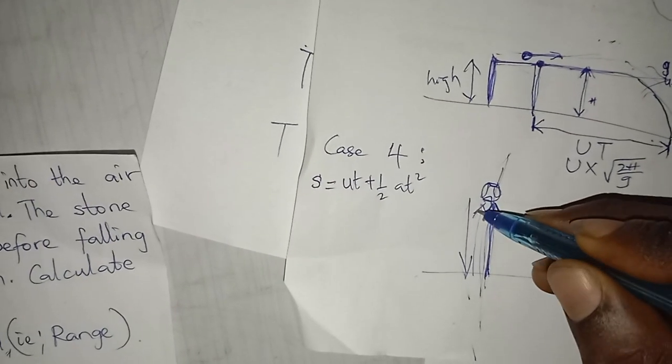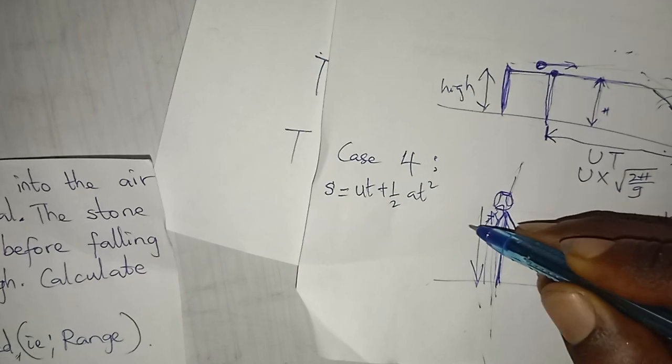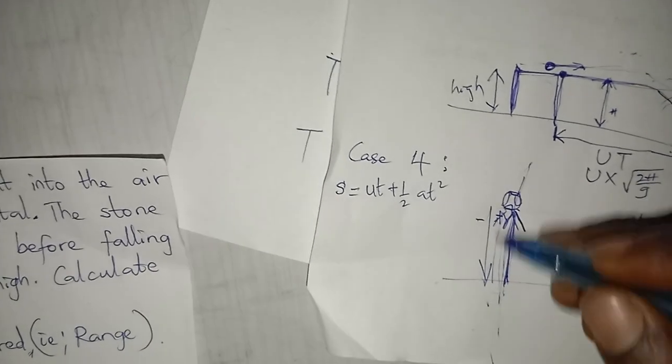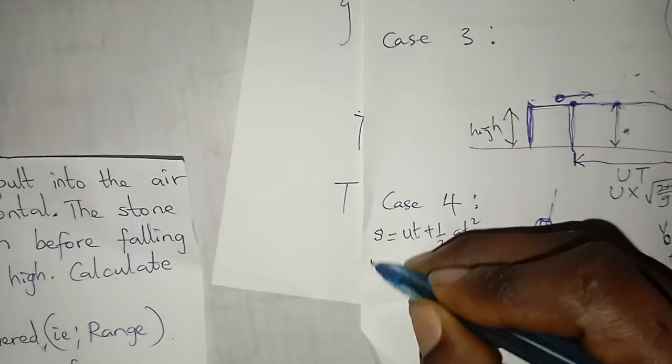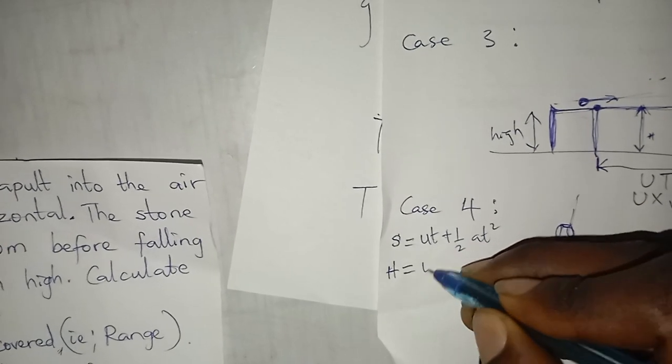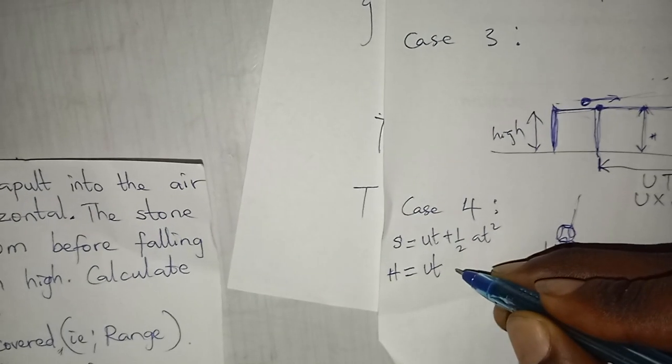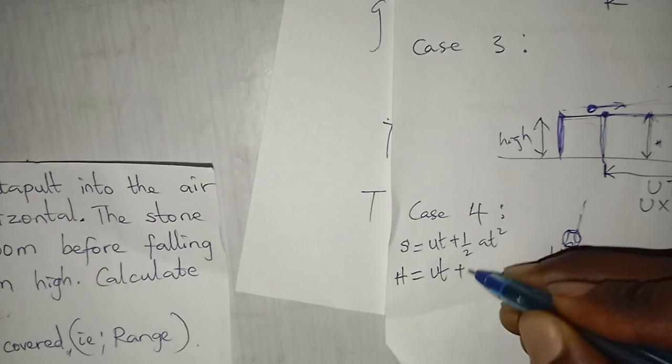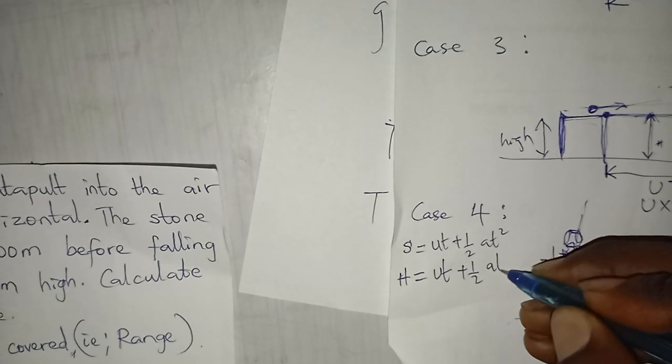So in this case, at the point where this is plus, this one is minus, so you can describe what happened. When we are considering the h given, we'll talk about the total time taken equals ut plus half at square.